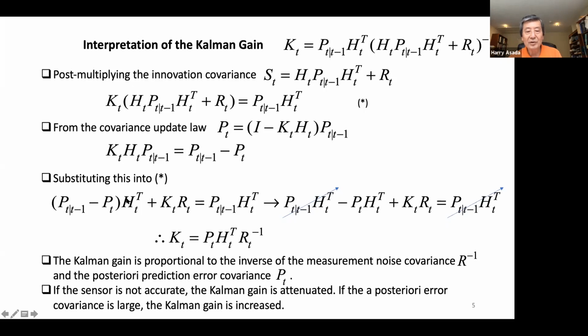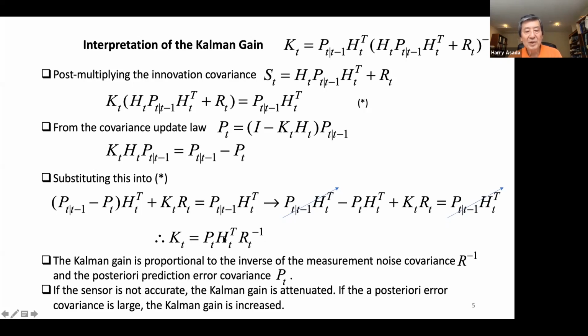Now, by distributing this, easily you can find this one, and the right-hand side of this is canceled. So the rest of the part is this. And solving this for K_t, the Kalman Gain K_t equals the a posteriori error covariance P_t, the output measurement equation matrix H_t transpose, and then the sensor noise covariance inverse, right?